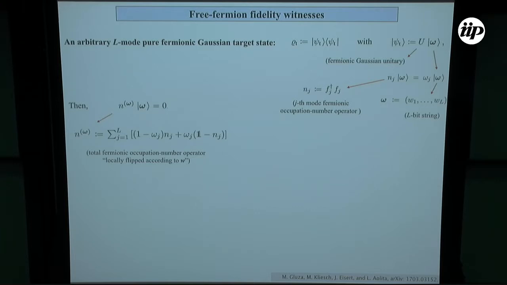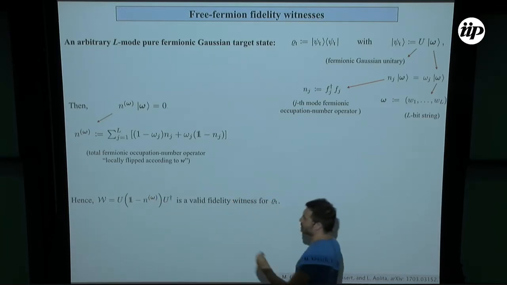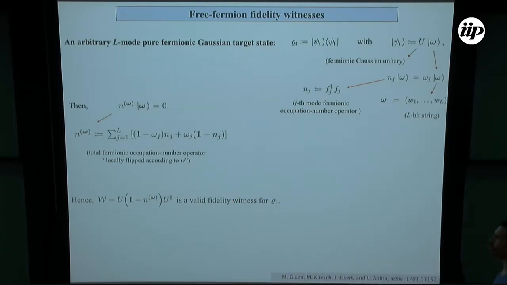So it's simply a construction in which I sum all the number operators of all the modes, and I locally flip them depending on the population of the Fock state that defines my target state. So why do I do that? Because then I can recover something very similar to what I showed you for the bosonic case. If you remove this W here, you obtain the same fidelity witness that you had for pure bosonic Gaussian states.